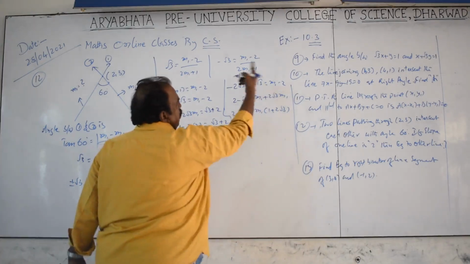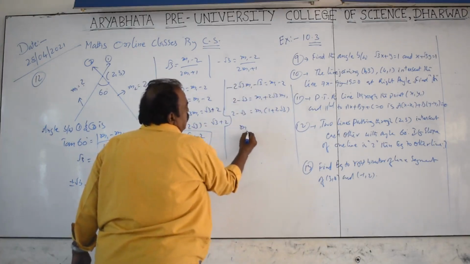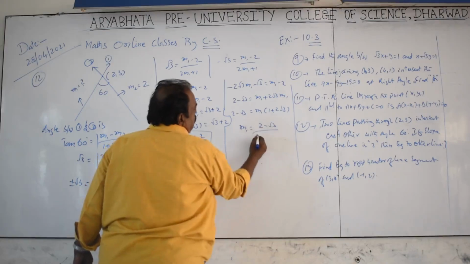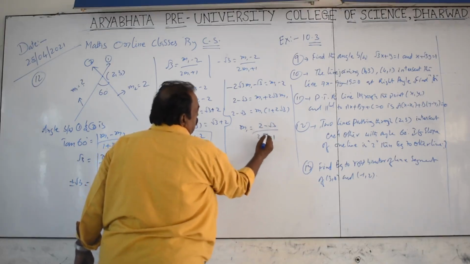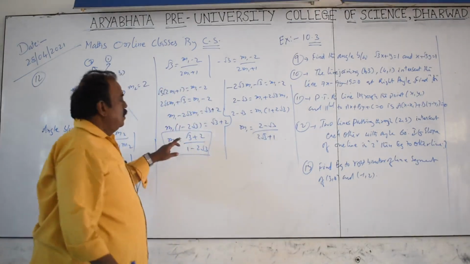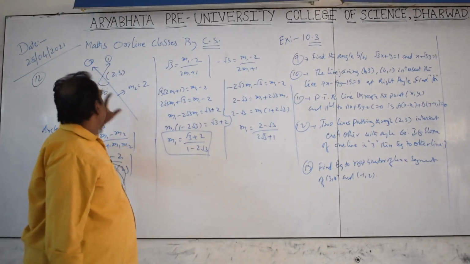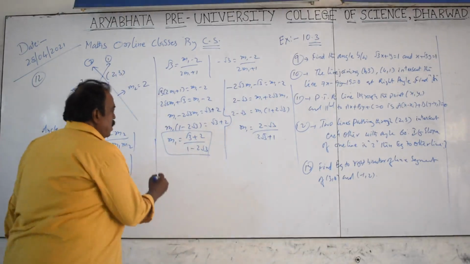Therefore, m1 is equal to (2 minus root 3) by (2 root 3 plus 1). I am sending to this side. Correct? So, there are two different values for the slope of the first line.